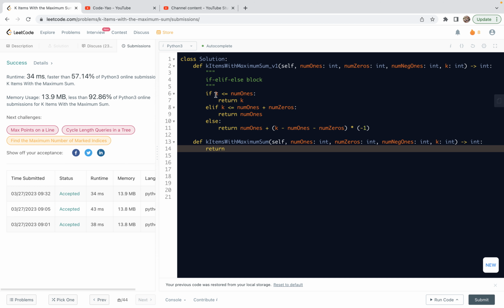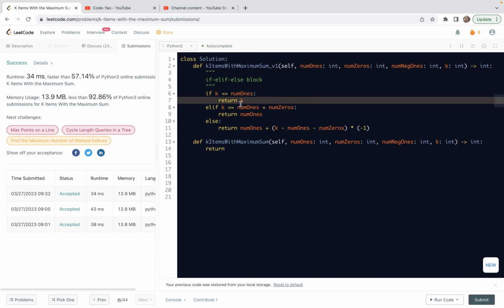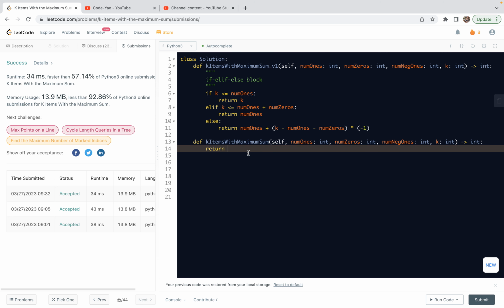So first, if k is in this range, we're going to return this number. So that's a constant. What we are going to return is k times integer. So we want to check if k is less than or equal to num1s. This is one case, and in this case we are going to return num1s.